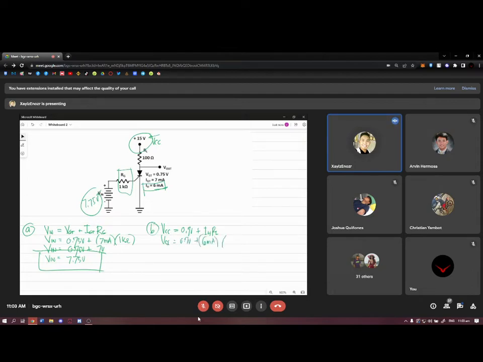Then our load is 100 ohms. VCC therefore is 0.7 volts plus 6 milliamperes times 100 ohms, that is 0.6 volts. So VCC is 1.3 volts.